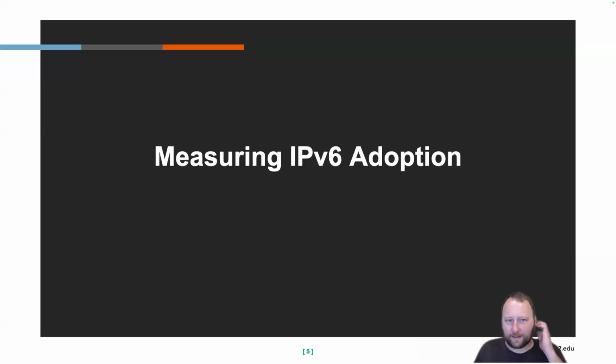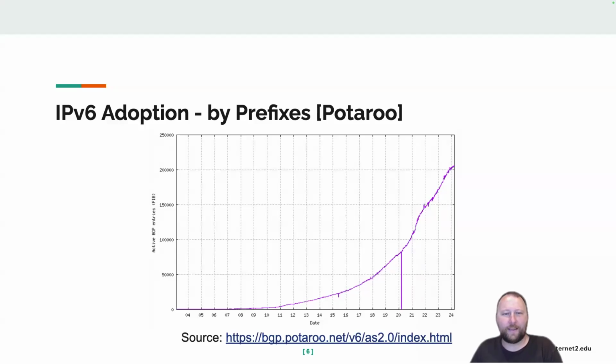So one of the things that I have opinions on is the way we measure IPv6 adoption. There are a lot of different ways to do this. Potaroo.net has a lot of good resources on measuring the number of prefixes that organizations advertise, and Geoff Huston has a lot of good research on the topic, looking at an organization and asking, does it have both IPv4 and IPv6 advertisements?